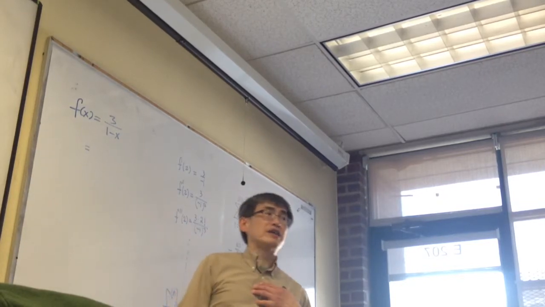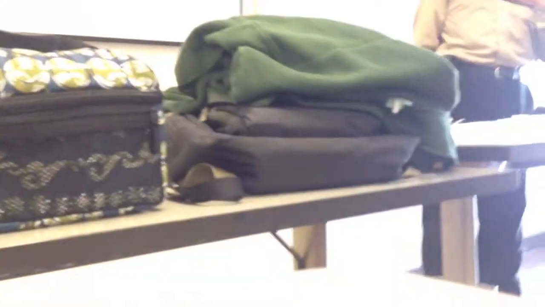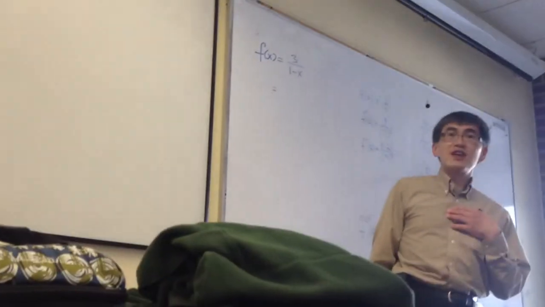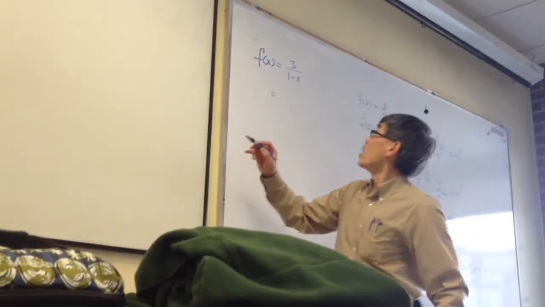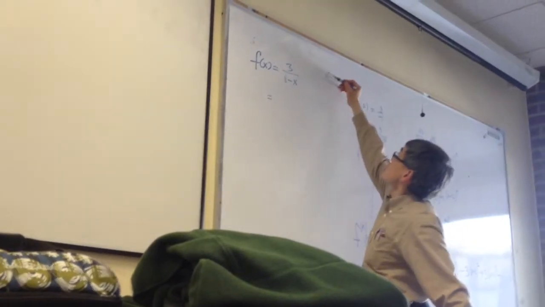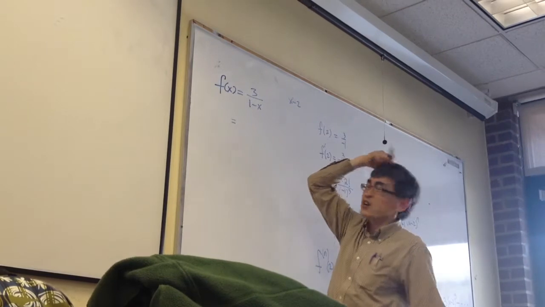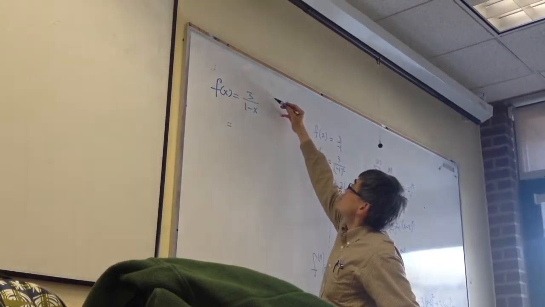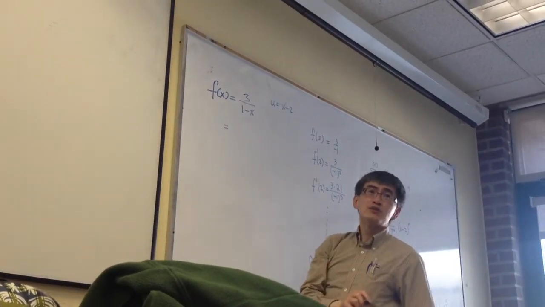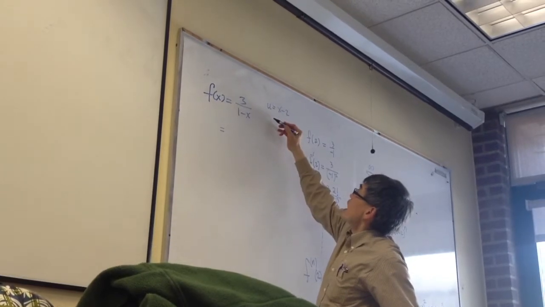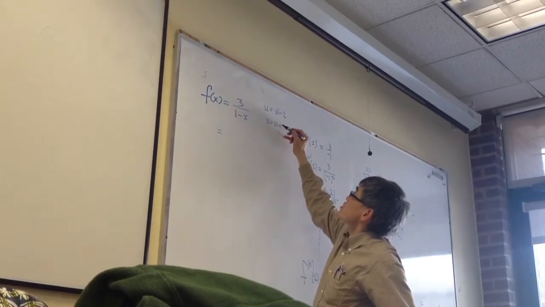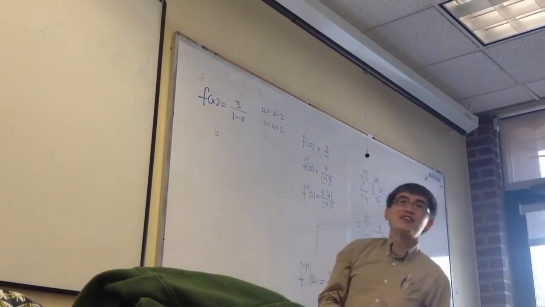I want to write it as a series in x minus 2. Is that right? So in other words, let me call x minus 2, just for clarity, let me call this u equal to x minus 2. That will mean that x is equal to u plus 2. Is that right? Okay? Yeah?